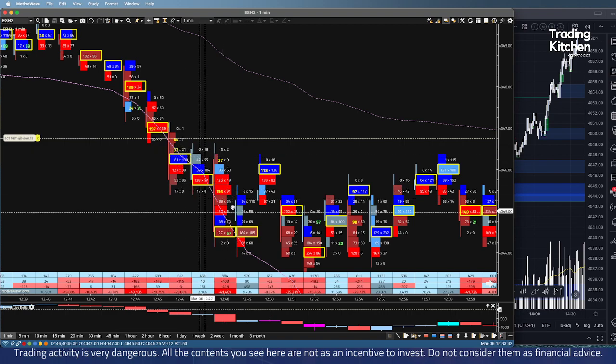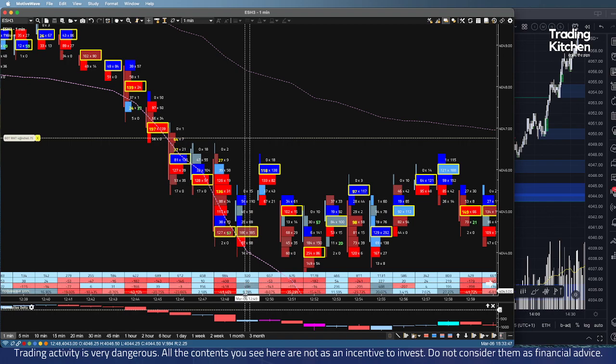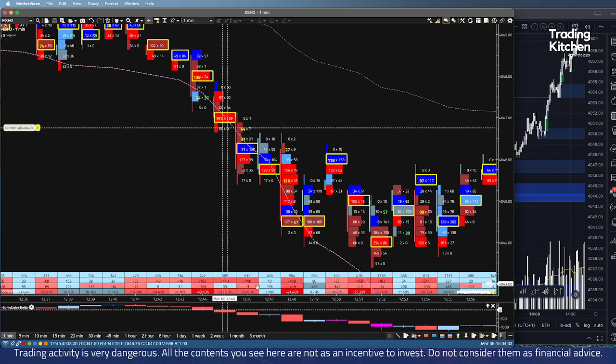After this candle, you see a 10% delta with a strong 40.98. So basically this is a clear change. Compare these numbers with the other numbers you see here; there are no such high numbers.